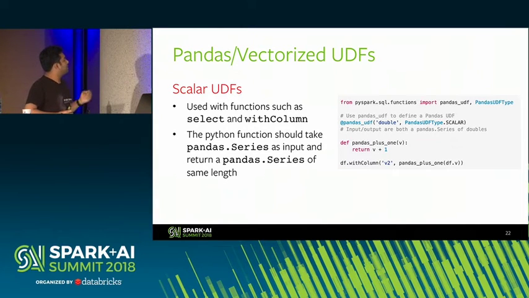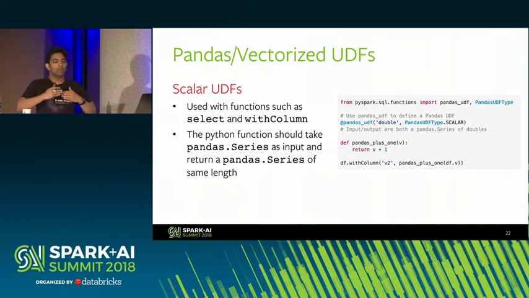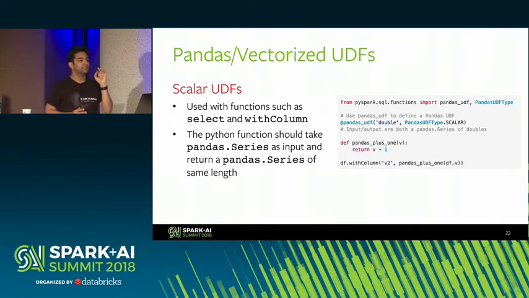Code-wise, it looks something like this. You have a decorator like pandas_udf, and you specify that it's a PandasUDFType.scalar. And then you write a function. In this specific case, it just increments v by 1 and returns a pandas.Series of the same length.